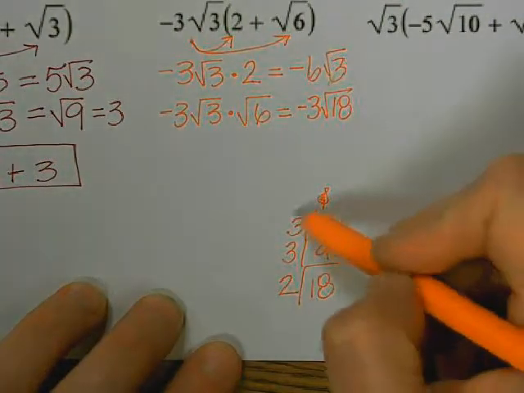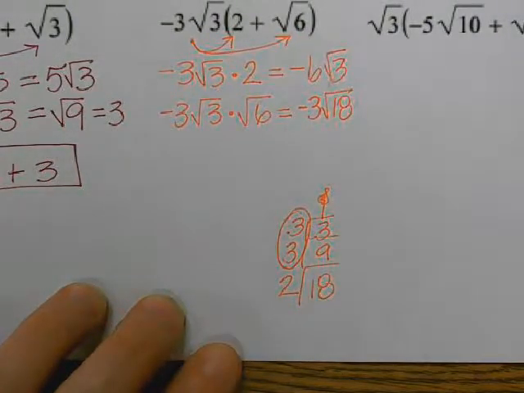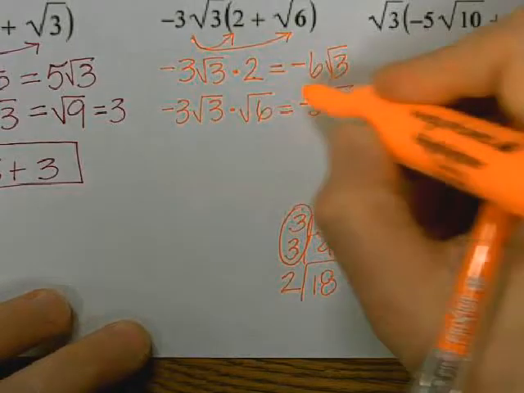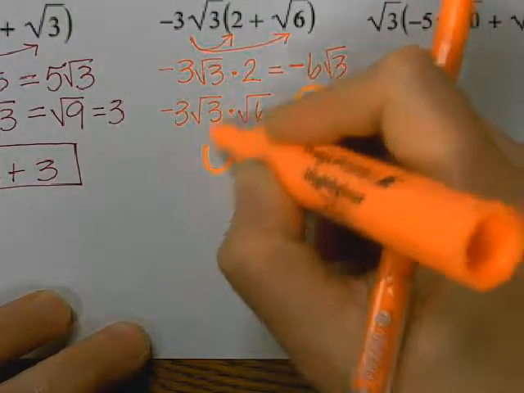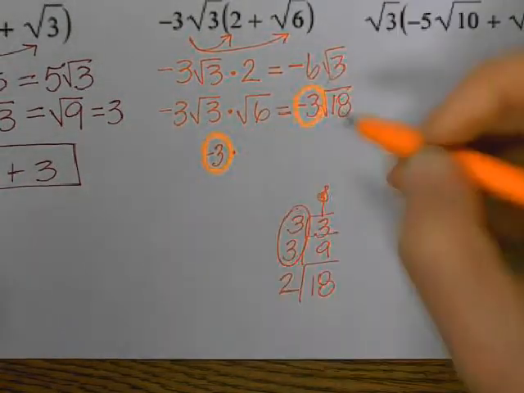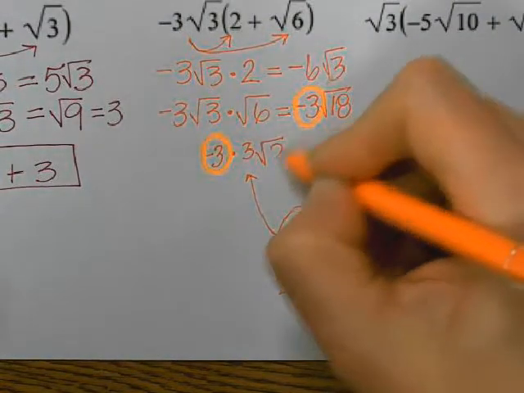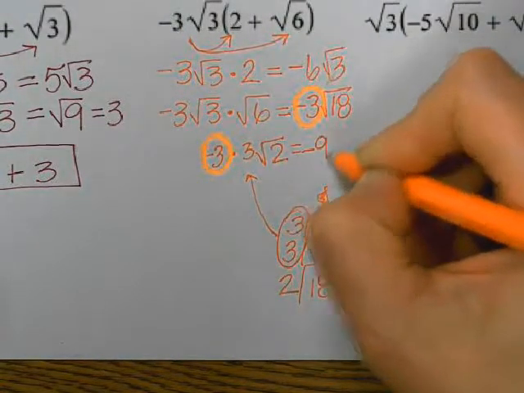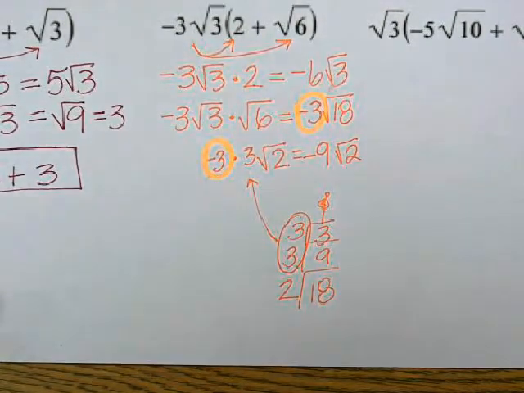What this means is I have one pair that gets to go out and one number that stays underneath. Don't forget, we still have this -3 that didn't go anywhere, so we still have to keep that on the outside. -3 times, and then this 3 comes out, and the square root of 2 stays underneath. So this is -9 square root of 2, because 3 times 3 is 9.